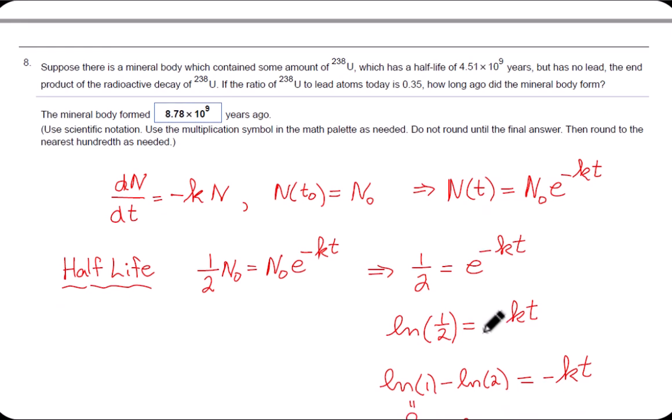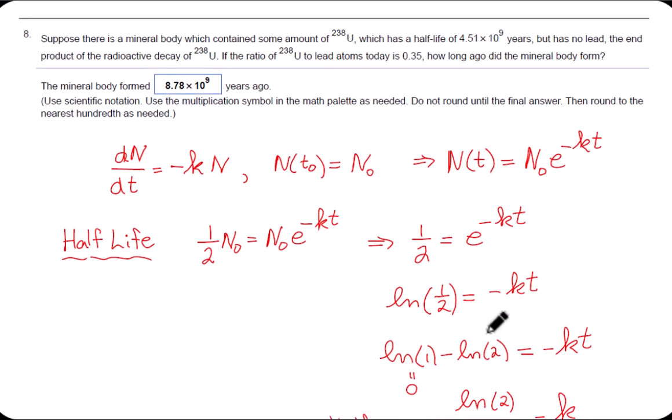All right, question 8. The wording here is a bit strange. So we have a mineral body, a rock, and the rock contains some amount of uranium-238. And they're telling me that it has a half-life of this number. But currently there's no lead in the rock. Why do we care about all that? Well, the rock has some uranium in it.